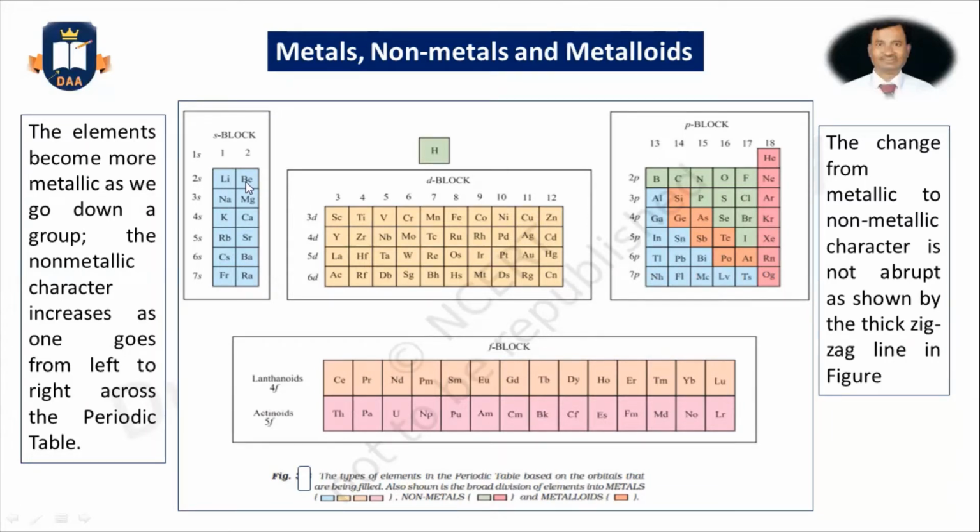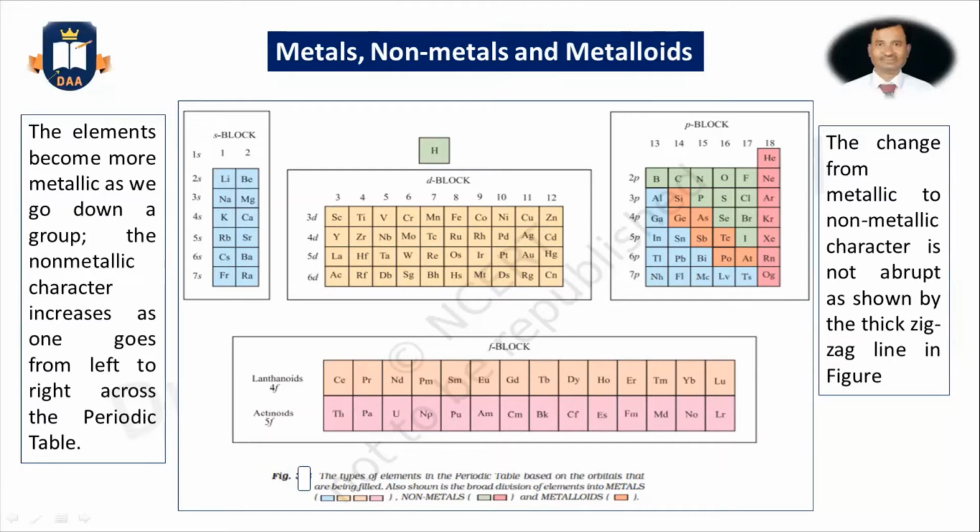Lithium is more metallic than beryllium, and so on. That means boron has more nonmetallic character than beryllium, or otherwise we can say that beryllium is more metallic than boron. So now I have discussed how metallic character changes along the group and along the period.